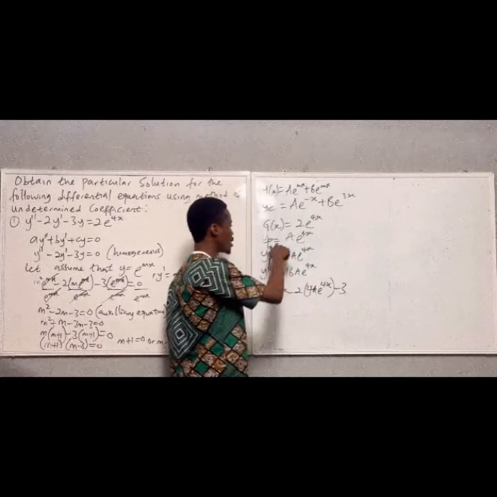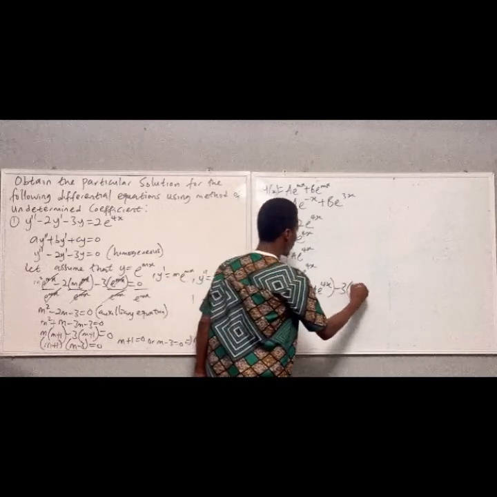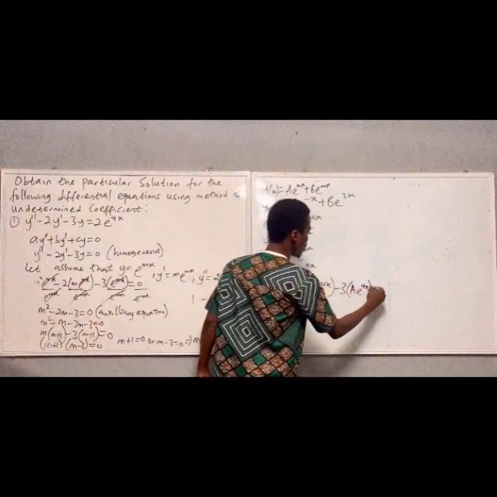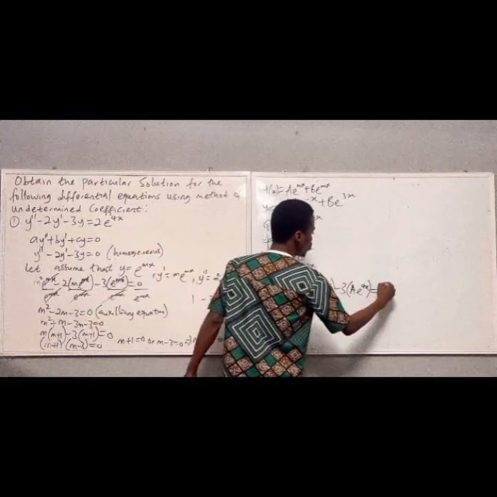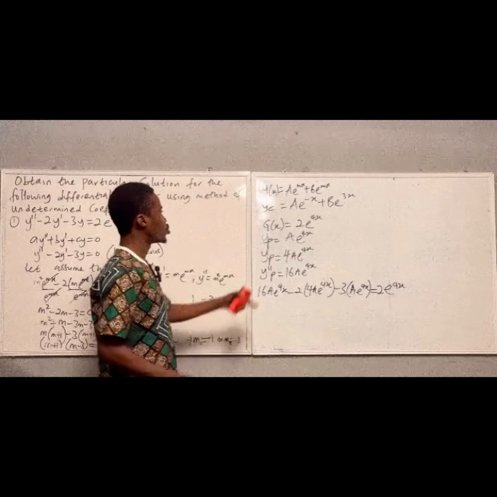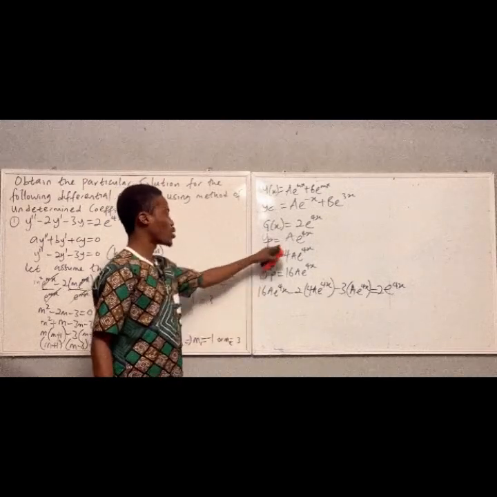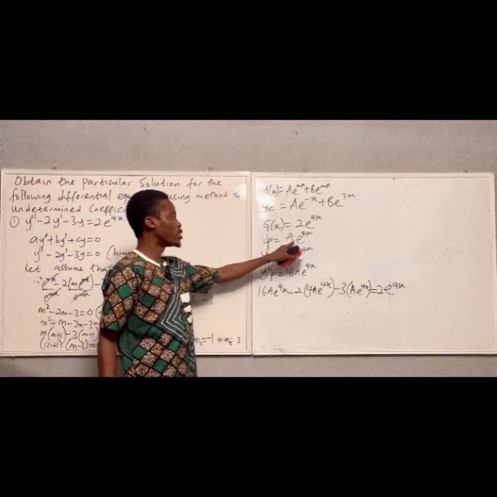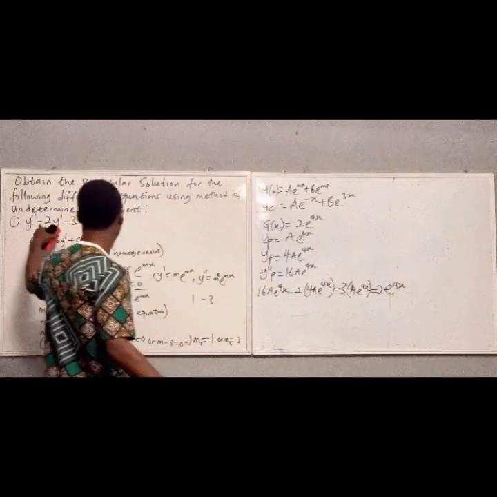My y here is y of p, a exponential 4x, is equal to 2 exponential 4x. Because I want to get y of p, I will differentiate this twice because of this equation.